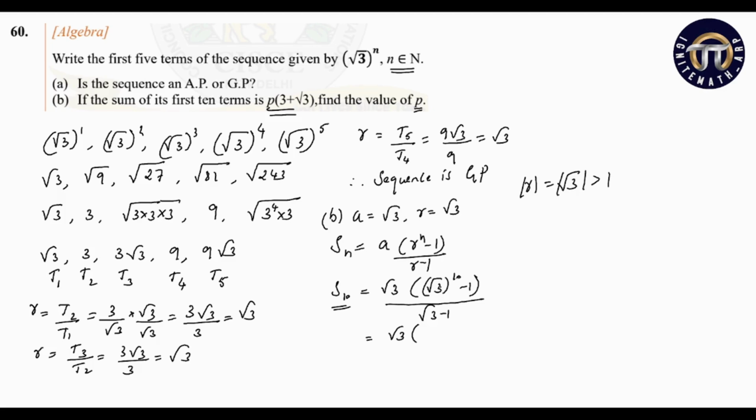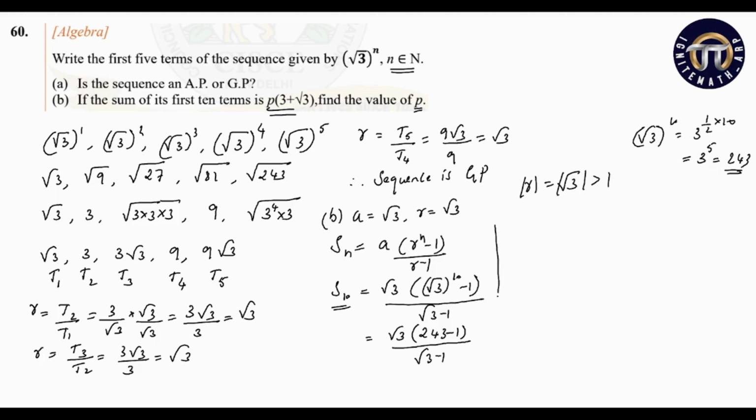Then look at this. Root 3 to the power of 10, in the sense it is 3 to the power of half into 10. So that is nothing but 3 to the power of 5. 3 to the power of 5 is how much? That is 243. So here I can directly write it as 243 minus 1 divided by root 3 minus 1.